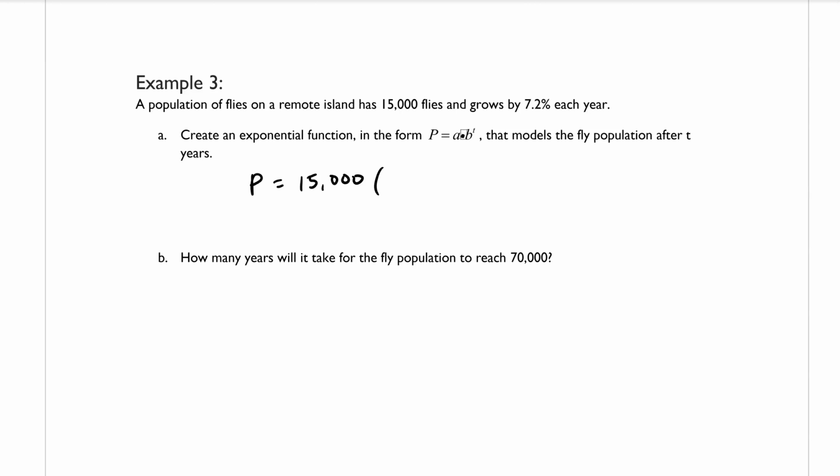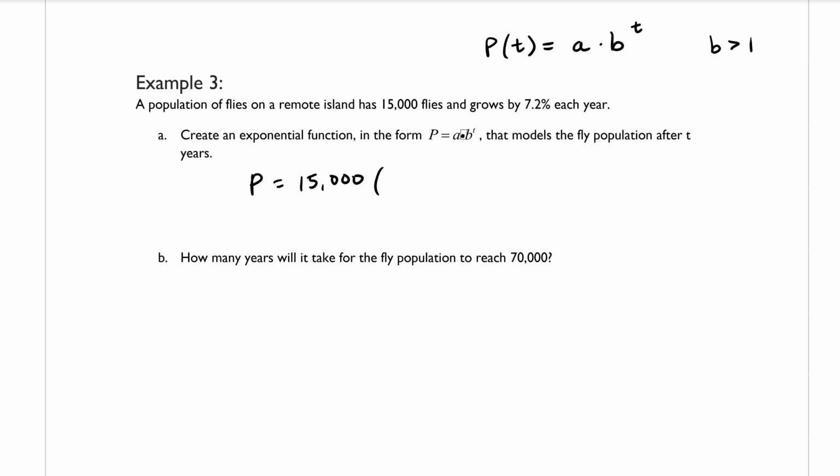And we know that it's growing by 7.2% each year. Now, if something is growing by a percentage, we call it an exponential growth model because it's growing. And I think in a previous video, I stated that if you have an exponential growth model of the form a times b to the t power, in order for there to be growth, our b value has to be greater than 1.